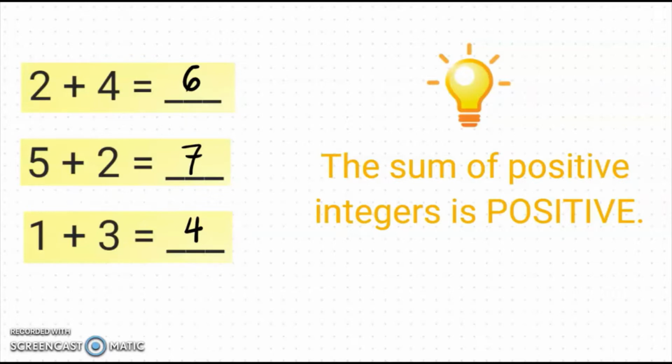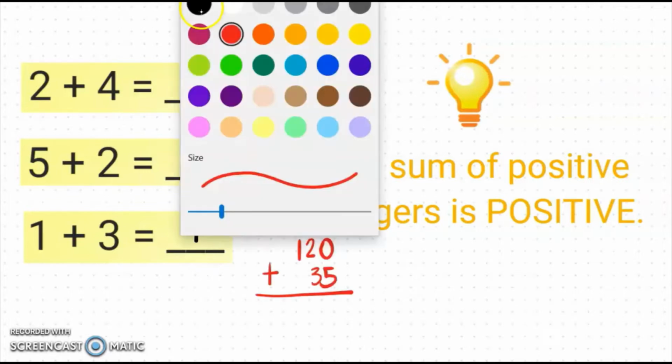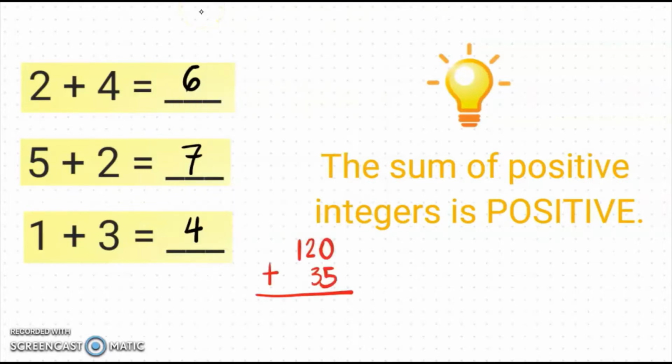And we can now apply that idea to bigger numbers, bigger integers, right? Just like this. If we're going to add 120 and 35, both are positive, then the answer is 155, a positive integer, 155. Another example could be 318.